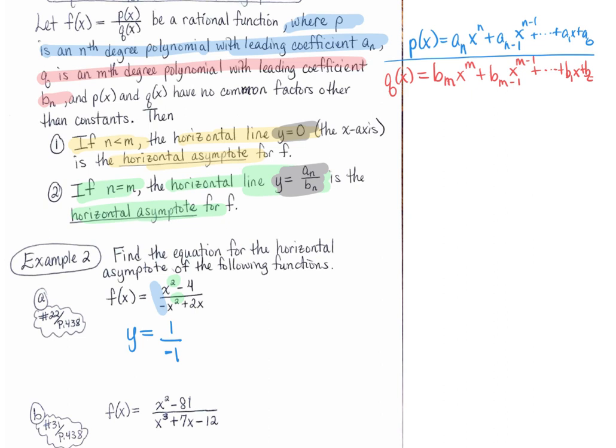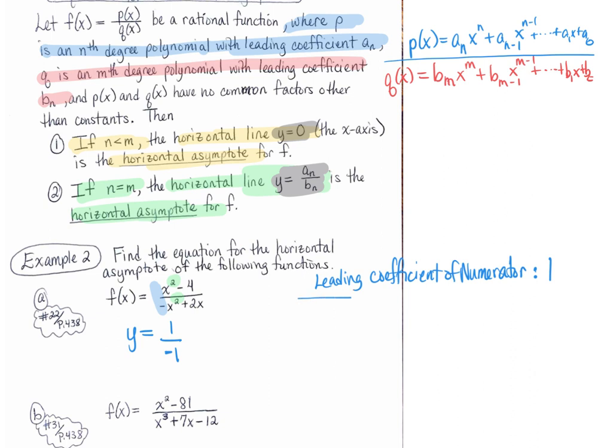Right? The leading coefficient. So you might want to ask yourself, what is the leading coefficient of the numerator? 1, not the degree, but the leading coefficient. The degree is 2. The leading coefficient of the numerator is 1.